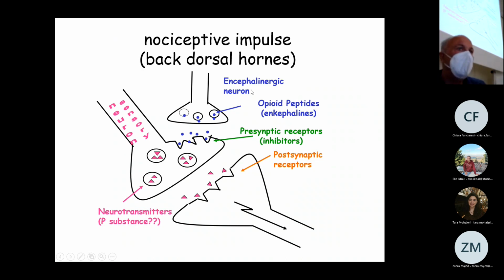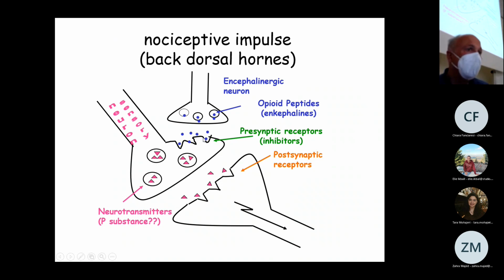And here you can see an enkephalinergic neuron with the release of substance P. Sorry, this is an inhibitory enkephalinergic neuron, and in particular in these synapses, the enkephalins are released, and enkephalin can act on the presynaptic junction.